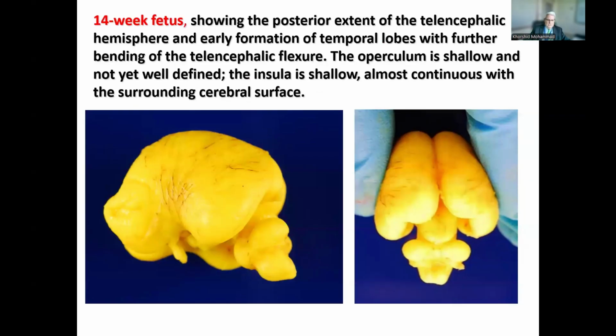At 14 weeks, you can see that you already are starting to form an operculum in this lateral view, but it's extremely shallow, almost at the same level as the rest of the brain, and is not really internalized just yet. The yellow color is artifactual. That's because of the fixation in Bowen solution, which is picric acid solution that turns the tissue yellow, so don't pay attention to the color.